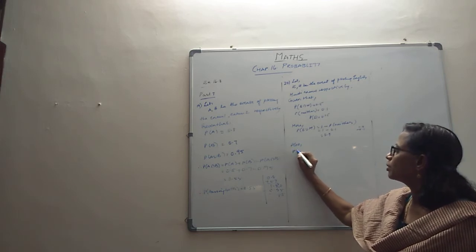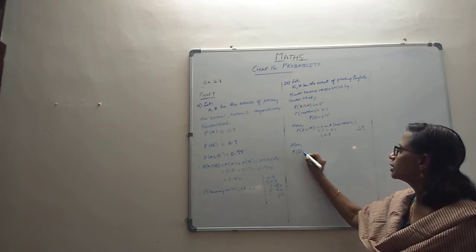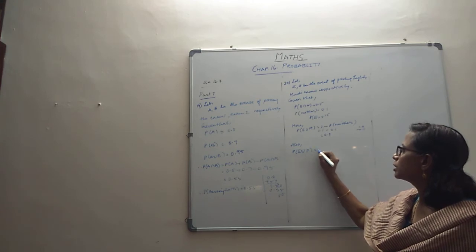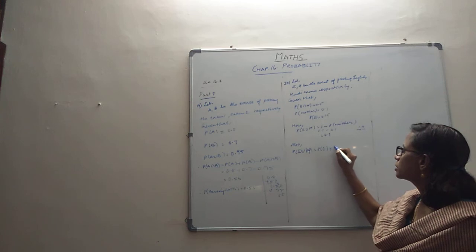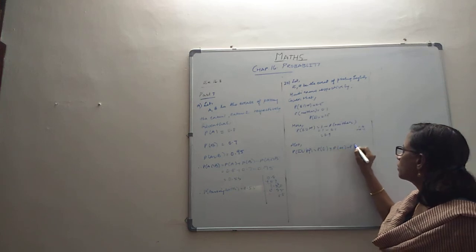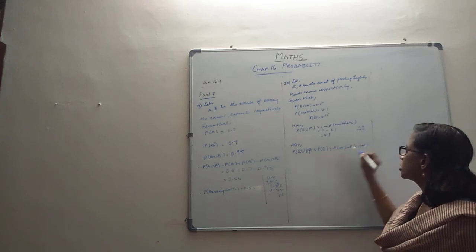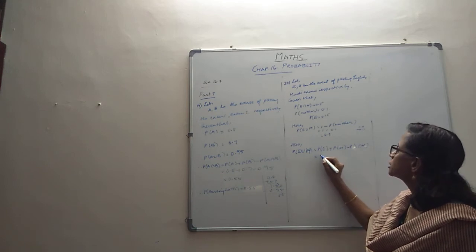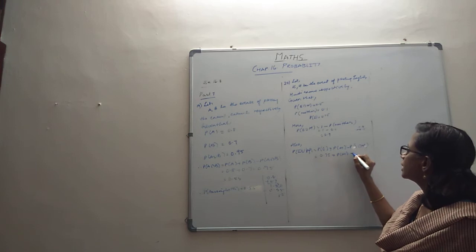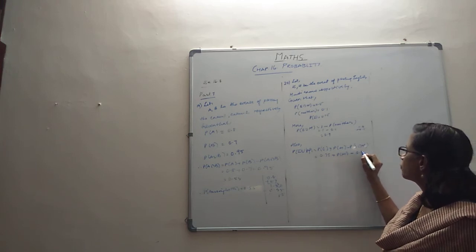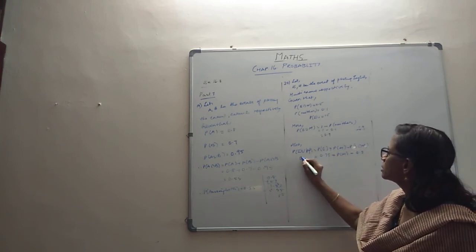Also probability of E union H is probability of E plus probability of H minus probability of E intersection H. E for us is 0.75, H not known, E intersection H is 0.5 and union is 0.9.